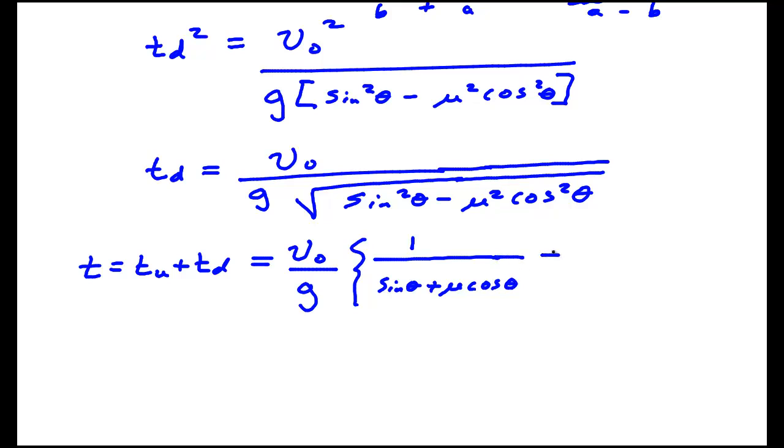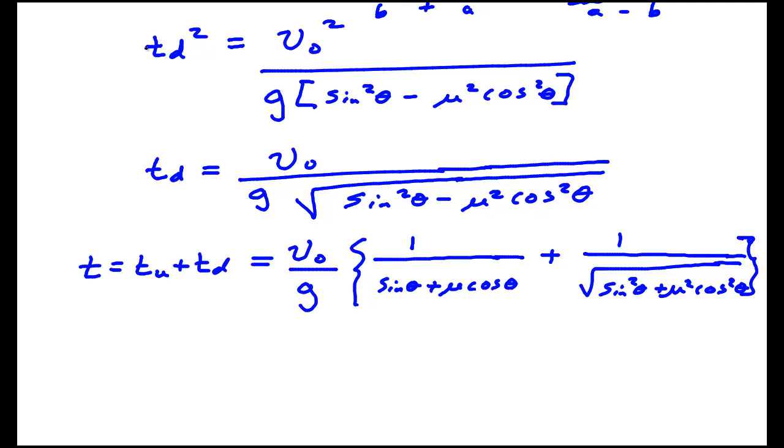And the second one, the downtime, has 1 over the square root of sine squared theta plus mu squared cosine squared theta. And that is, in fact, our final answer to the problem.